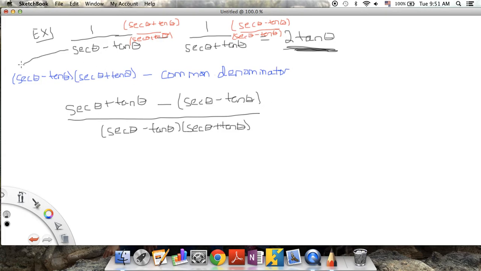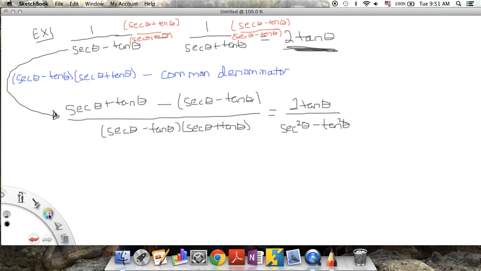All right, so we're starting with this side and we're working through it and simplifying it. So we have secant theta minus secant theta, so that goes away. And then we have tangent theta minus negative tangent theta, so that gives us 2 tangent theta on the top. And on the bottom, if we FOIL this out, we get secant squared theta minus tangent squared theta.